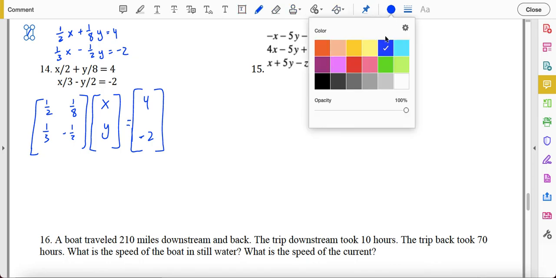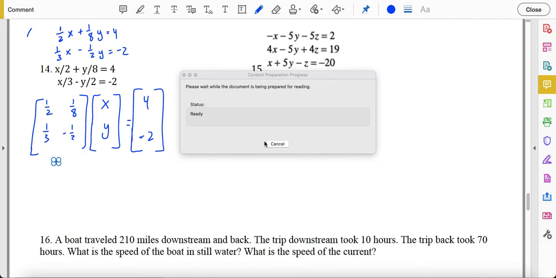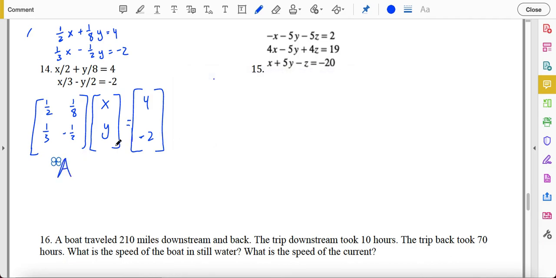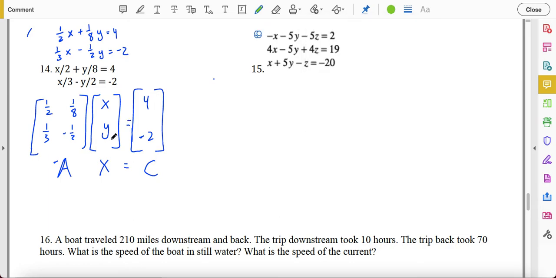And remember, the matrix operation that we're actually doing here is, if we were to rename these matrices, call this one matrix A, and this one matrix X for the variable matrix, equals matrix C for constants, then the matrix operation we actually have to perform is we've got to get rid of this A. Well, to get rid of an A, we multiply it by its inverse.